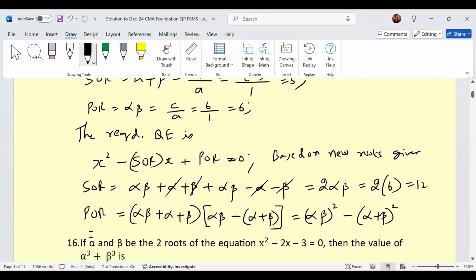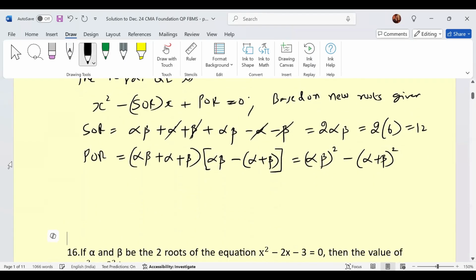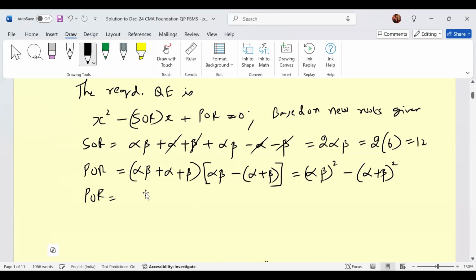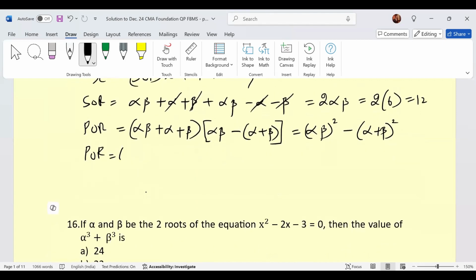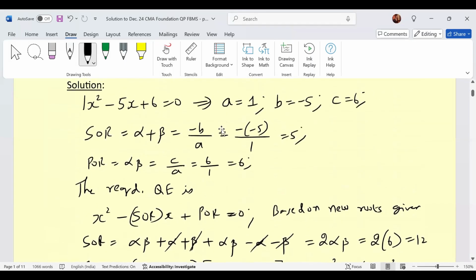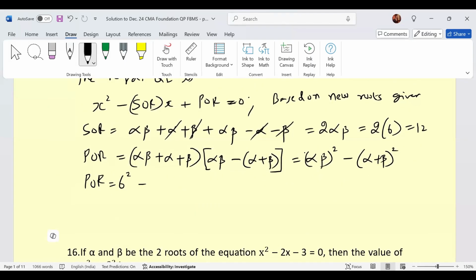So now we can substitute the values. So the product of roots will be alpha beta, which is 6, square, minus beta square. Beta is 5, square. And that is 36 minus 25, we get 11.